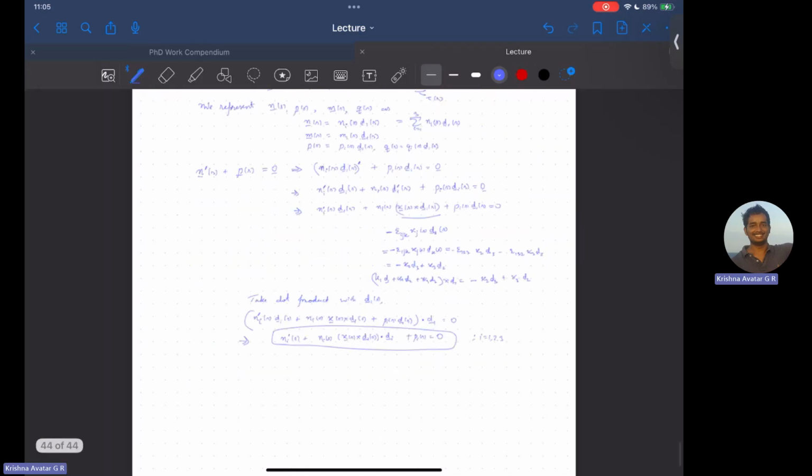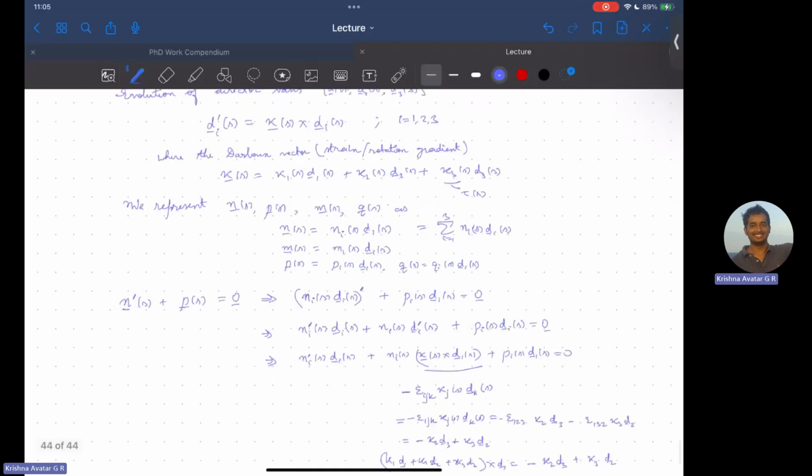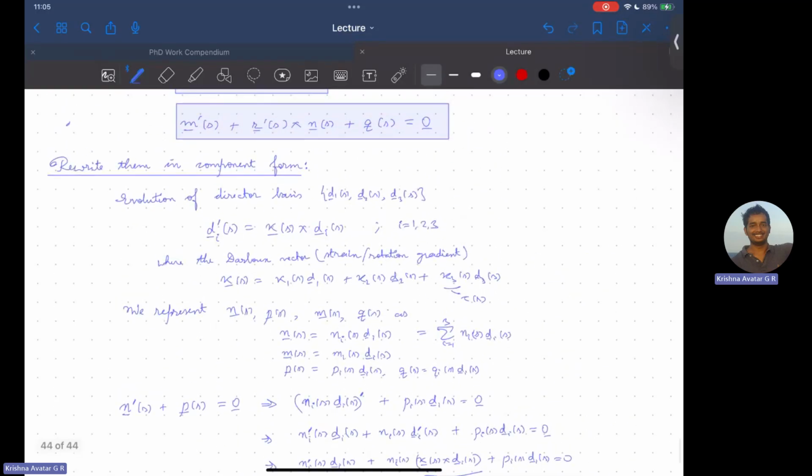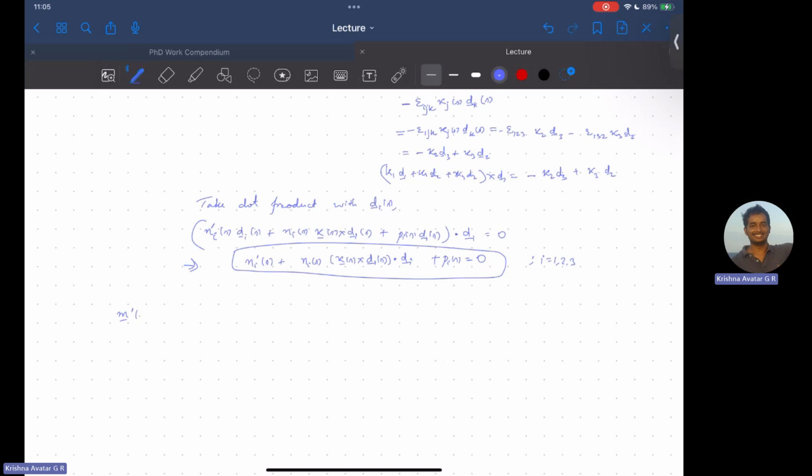Likewise, a similar case holds for moments, except that what we know is m prime of s plus r prime cross n vector of s plus q vector of s is equal to 0. We recall that r prime is d3 because of the inextensibility condition for a Kirchhoff rod.